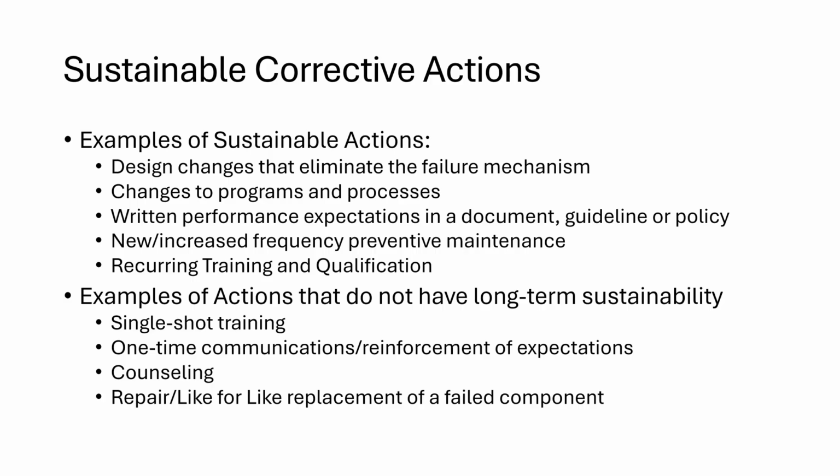Any written performance expectations in a document, guideline, or policy work, both because when people write things down and put effort into it, they tend to care that other people follow it. But on the other side, from an organizational perspective, if you wrote something, that could be evidence. So organizations tend to be pretty serious about their written processes.